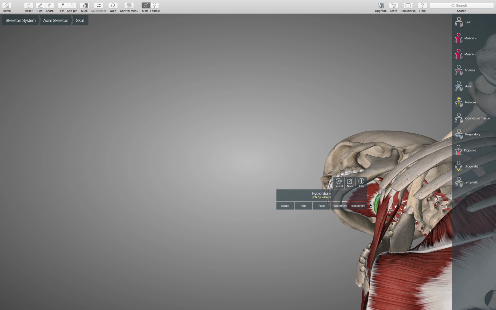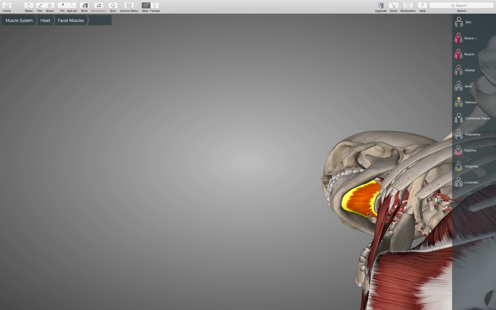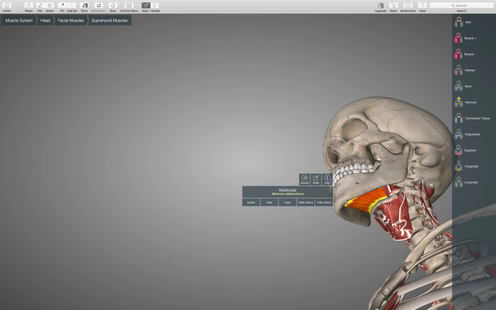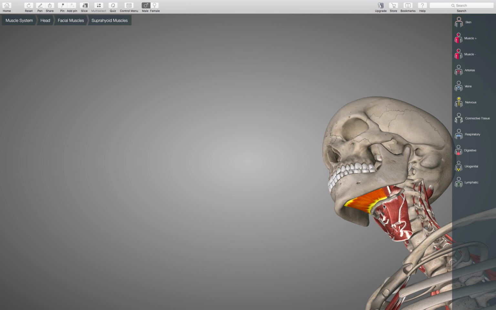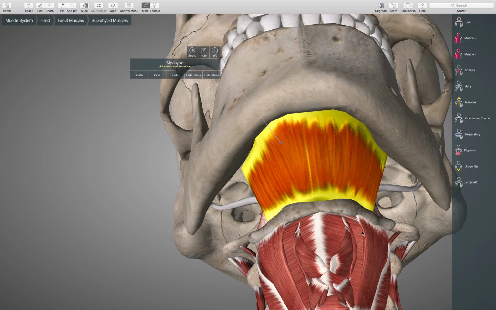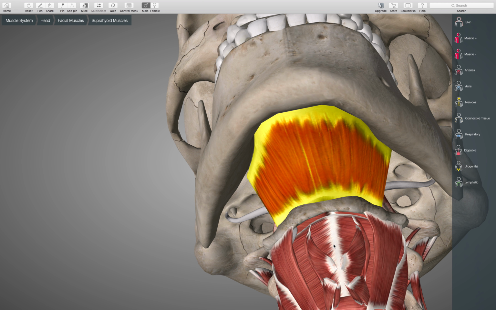This part of muscles is actually the tongue. The forward part of the tongue binds to the mandible bone, and the other part binds to the hyoid bone. The hyoid bone provides some space for air to go through and food to be swallowed.